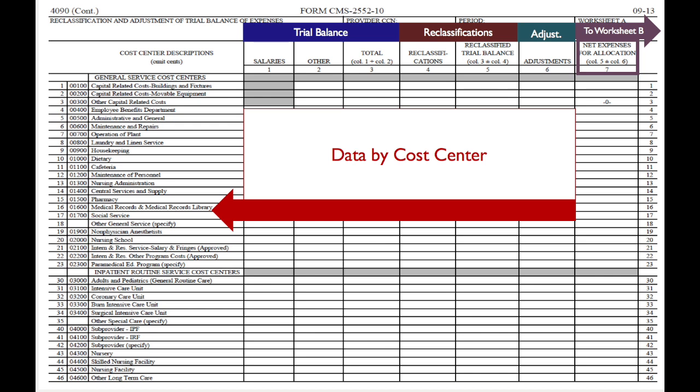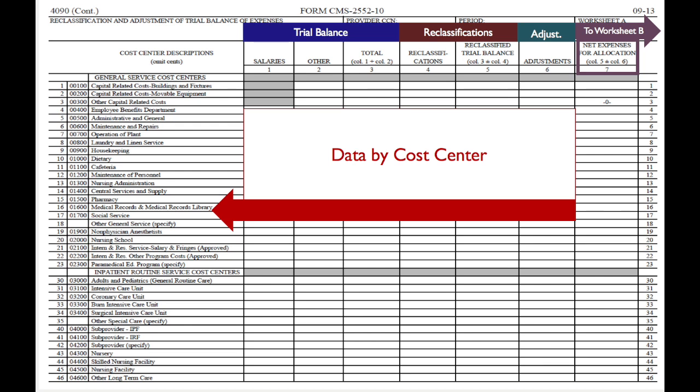You can see the trial balance, which is highlighted with the blue above columns 1 through 3. This is data that is brought in under the financial accounting standards that companies typically abide by. Under reclassifications, what the hospital will do when they're filling out this form is reclassify costs to different cost centers to abide by Medicare expense reporting.